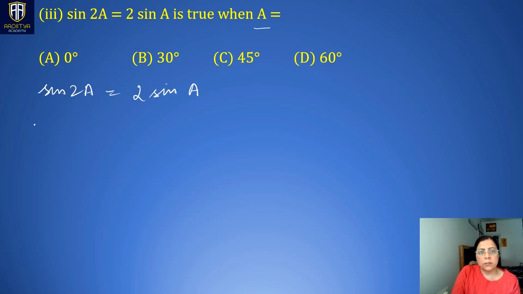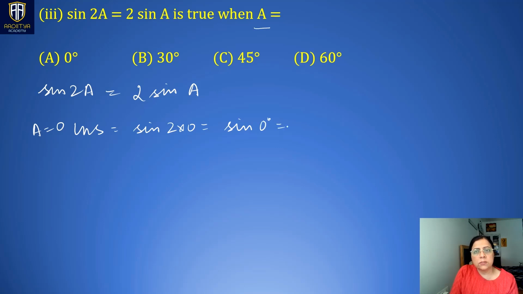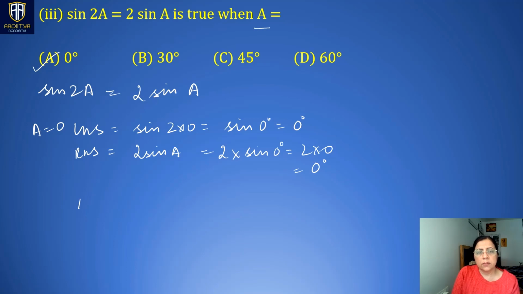If I take A is equal to 0, then LHS becomes sine 2 into 0, which is equal to sine 0, which is 0 degrees. Now take RHS for this particular option. It is 2 sine A. 2 sine A is 2 into sine 0, which is also 2 into 0, that is 0. So at least for the first option it is working, so we can mark it. The answer becomes option A, that is 0 degrees.